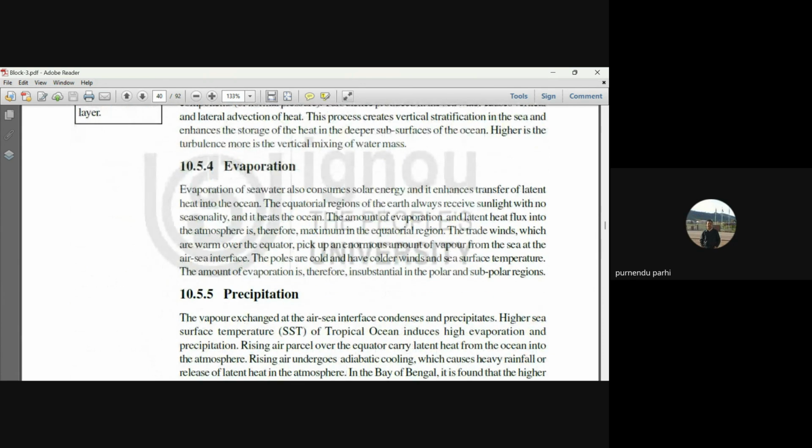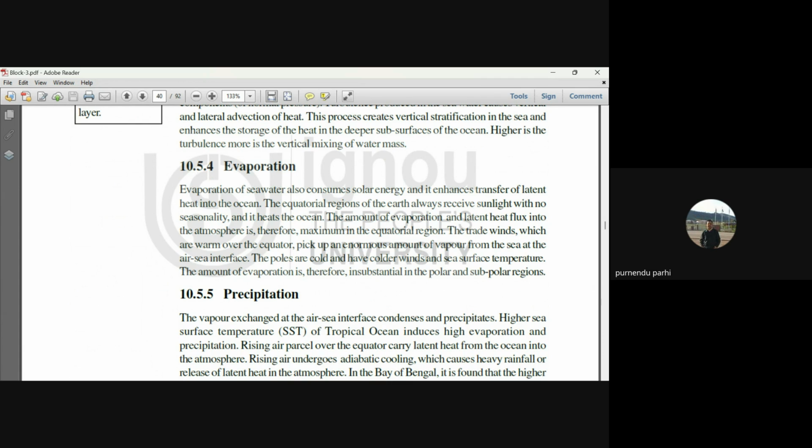Evaporation. Evaporation of seawater also consumes solar energy and it enhances transfer of latent heat into the atmosphere. The equatorial region of the Earth always receives sunlight with no seasonality and heat hits the ocean. The amount of evaporation and latent heat flux into the atmosphere is therefore maximum in the equatorial region.